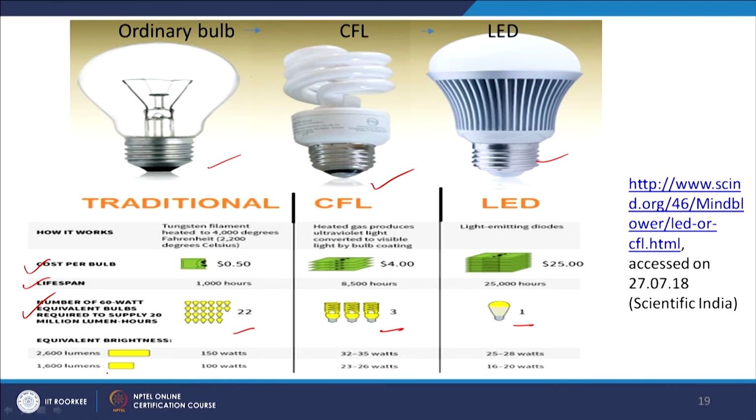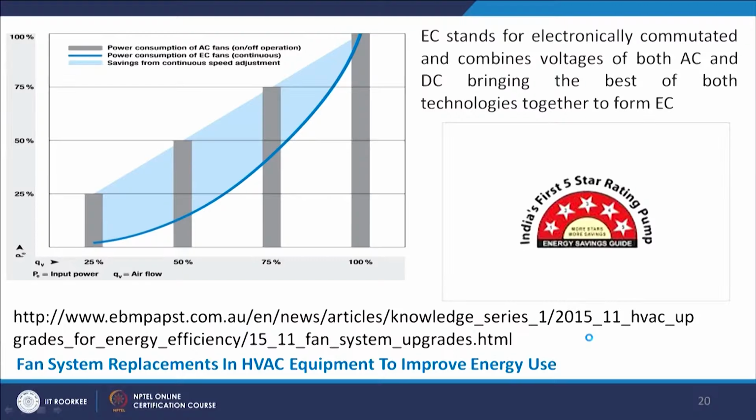And you see the energy consumption: for 2500 lumens, we need 150 watts in the case of a traditional bulb, but it needs 30 to 35 watts for CFL, and for LED it is 25 to 28 watts. So, with the increase in the efficiency of the system, we are able to reduce the use of energy. Another example is the power consumption of AC fans and EC fans.